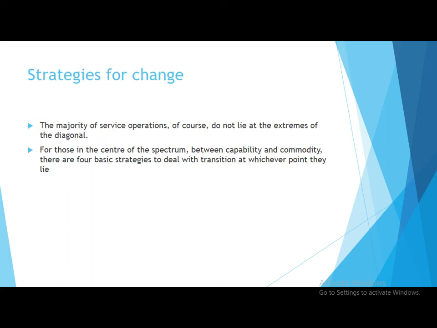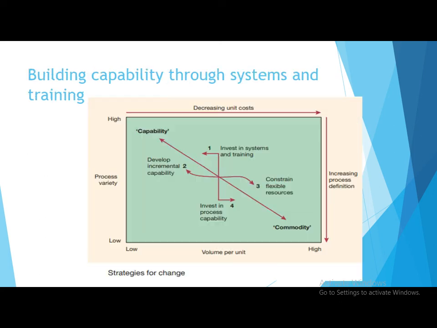Strategies to change. The majority of service operations, of course, do not lie in the extremes of the diagonal. For those in the center of the spectrum between capability and commodity, there are four basic strategies to deal with the transaction at whichever point they lie. This is illustrated in this particular figure.